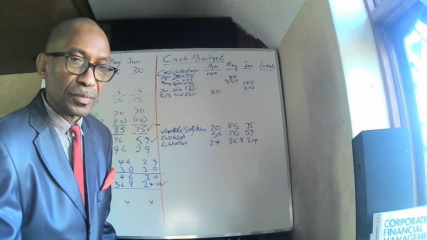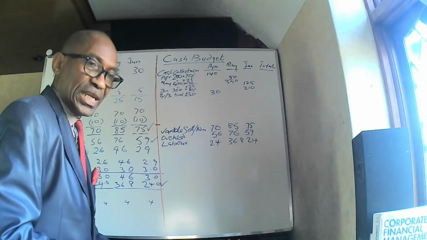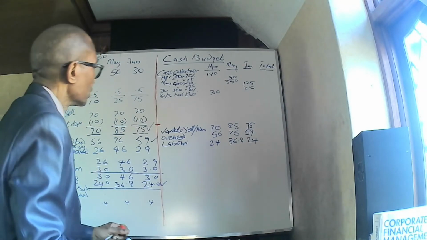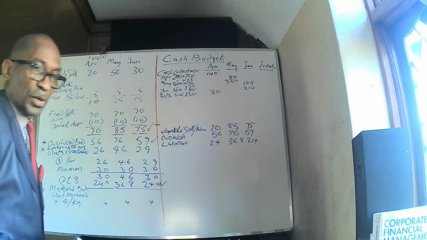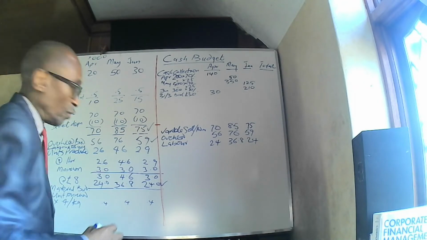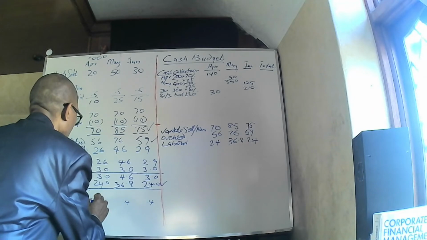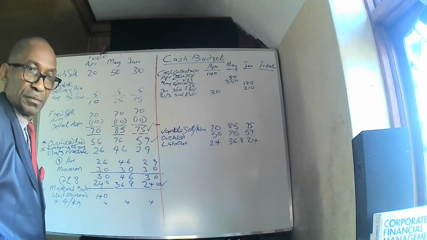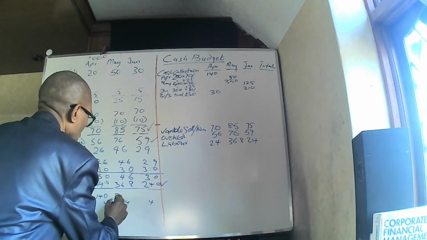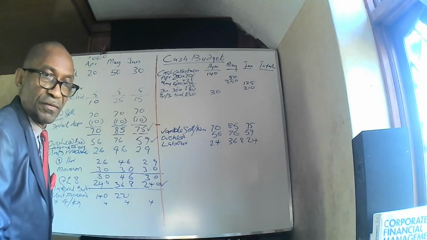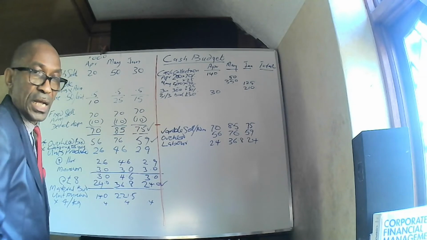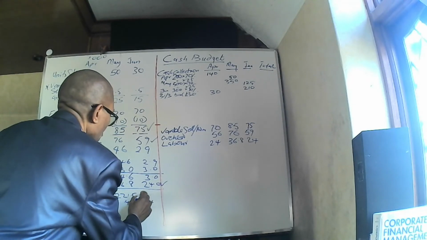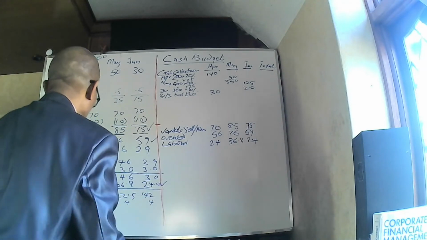We identify that the material we purchased last time, our material purchase budget was 140 kilos in April, 221.5 in May, and then 142 in June.